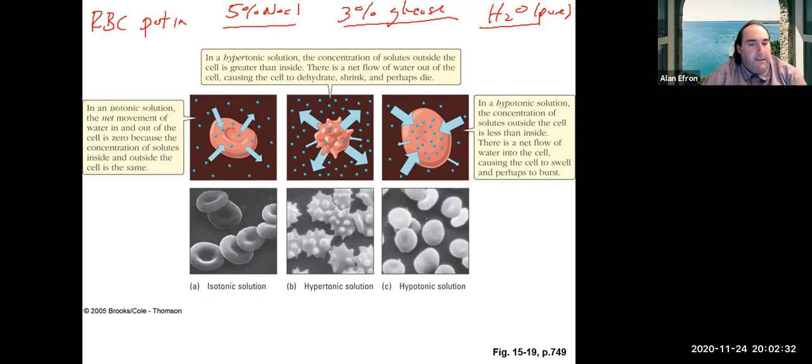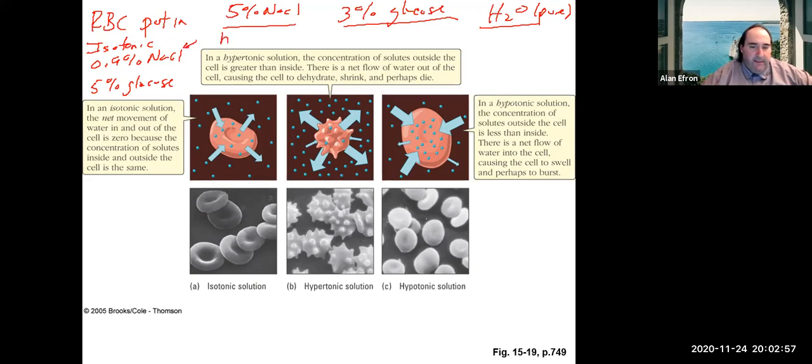All right, so let's take a look. Again, a reminder to help us decide what we're looking at here. Isotonic solutions basically consider 0.9% sodium chloride or saline. It can be potassium chloride as well, 5% glucose. So if we look at 5% sodium chloride, 5 is greater than 0.9.